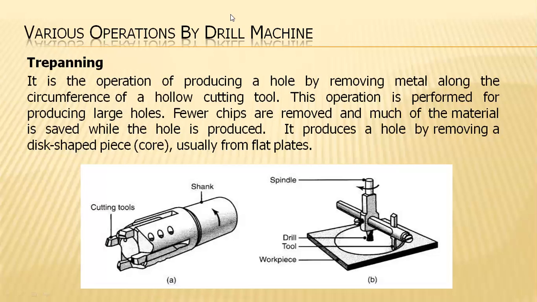Here, the material is removed with a high thickness, nothing but the depth of cut by this particular tool will be very heavy. It produces the hole by removing a disc-shaped piece, which we call a core, usually from flat plates.